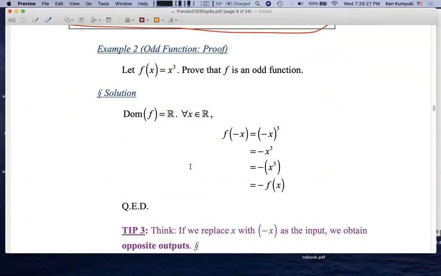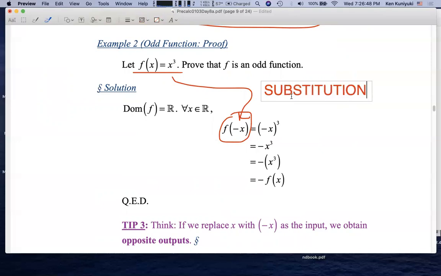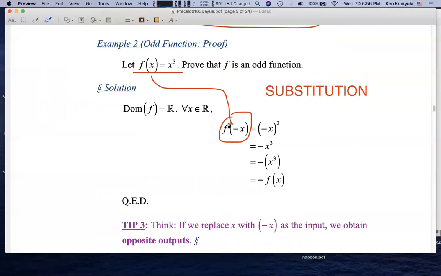Here's a proof. Again, if you want to prove that a function is even or odd, if you're given the rule for f of x, you want to analyze f of opposite x. When you substitute x with its opposite, this is a substitution, remember, you get the cube of opposite x, which ends up being the opposite of x cubed, because the cube of -1 is -1.